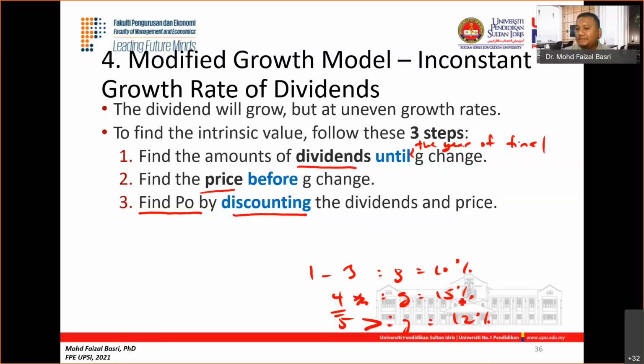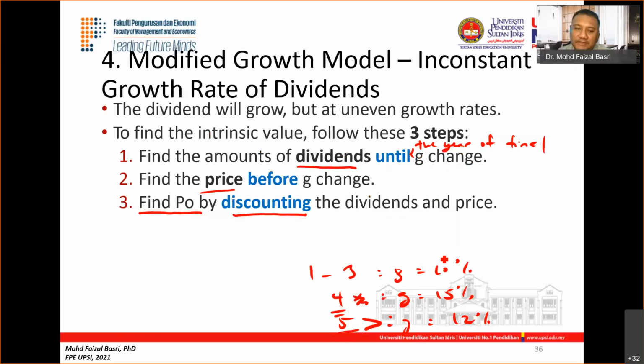So there are 3 rates here, or twice the change. If this is the case, you're going to find the dividend until year number 5, because the final G changed in year 5. So that's our first step, to find dividends until the year of final G change.